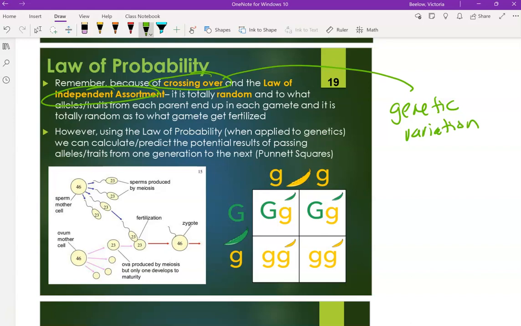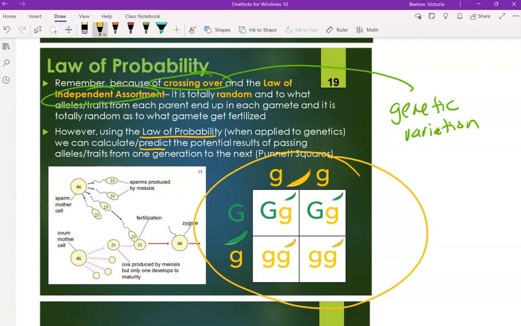However, we can use the law of probability to try to predict the potential results. Now, just because you do this, it doesn't mean that's exactly going to be the results every single time.